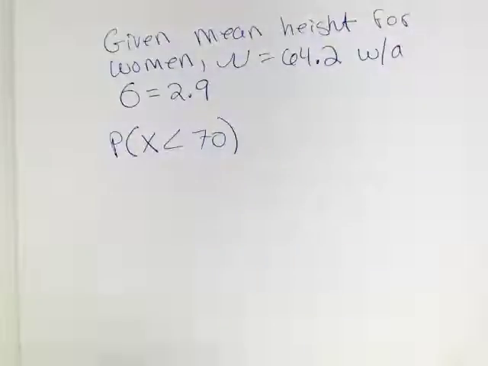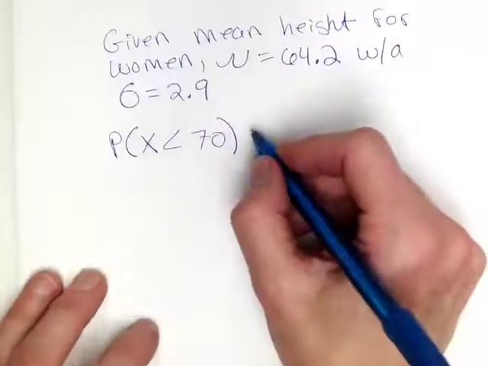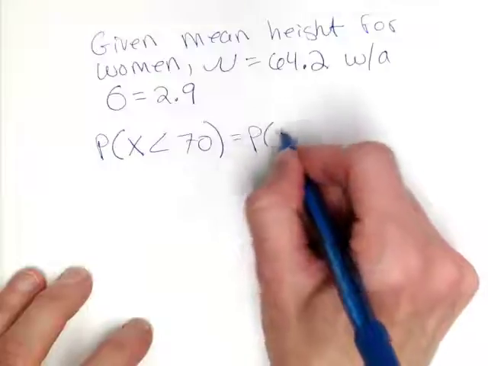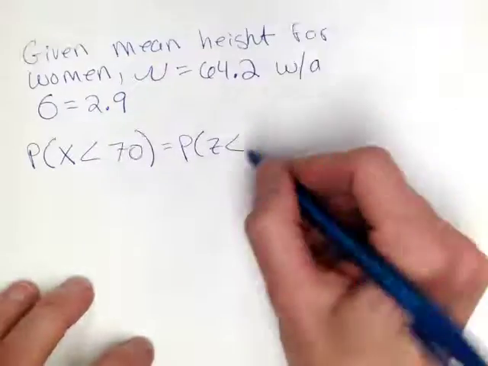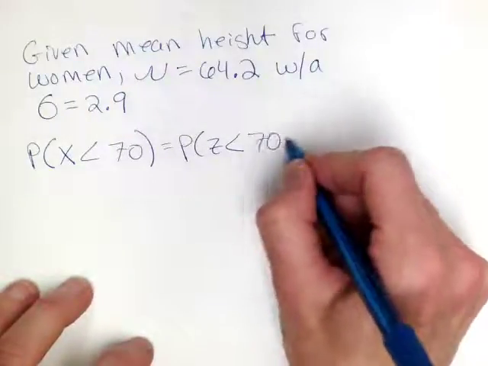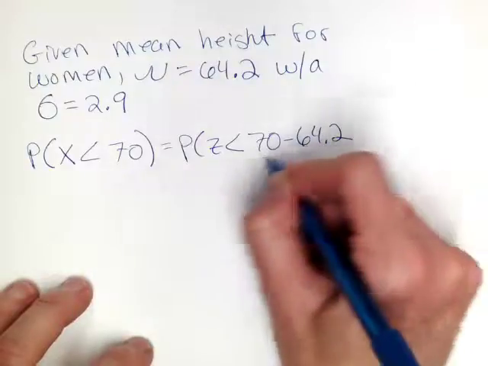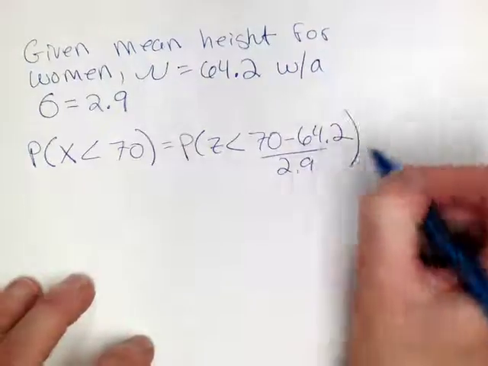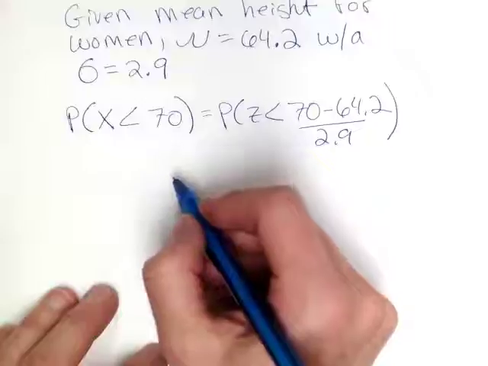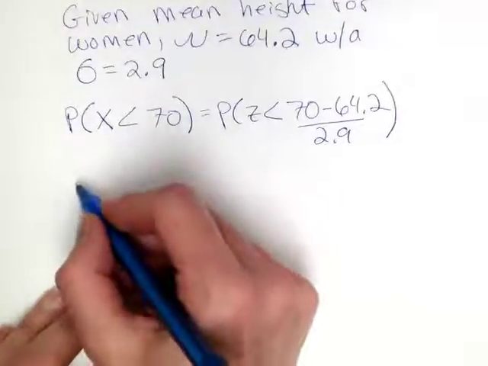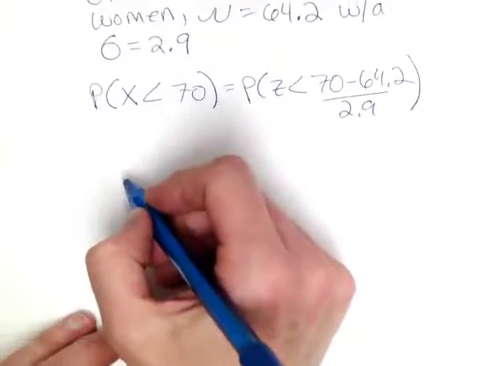This part is review. If we wanted to do this by hand, we could standardize. It's the probability z is less than 70 minus 64.2 divided by 2.9. Or we could just do this directly in the calculator using the normal CDF.